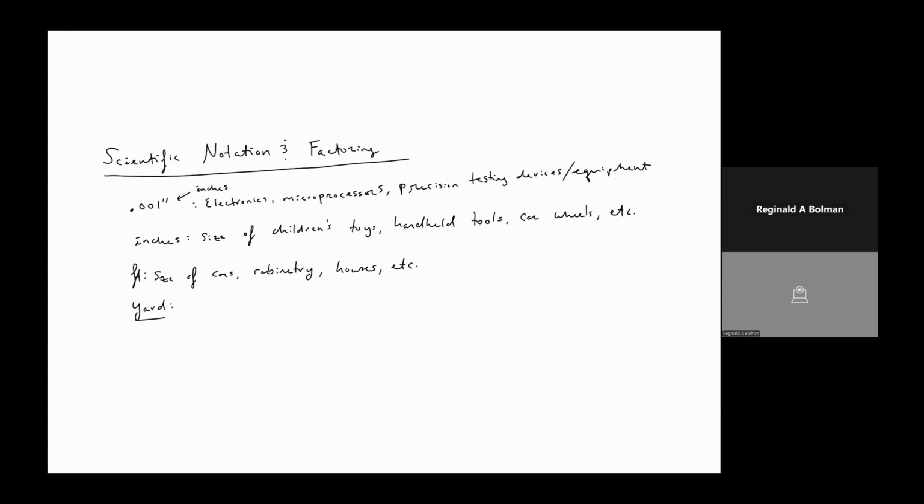So the yard is basically the American version of a cubit. I should say the United Kingdom's version of a cubit as well, because the UK also has a unit called the yard. So for the Americans and the United Kingdom, this is our version of the cubit.